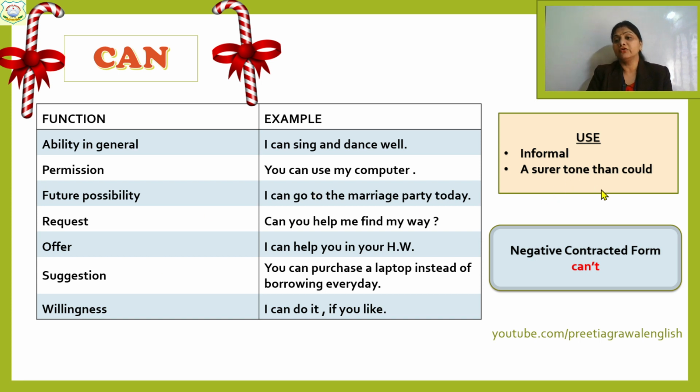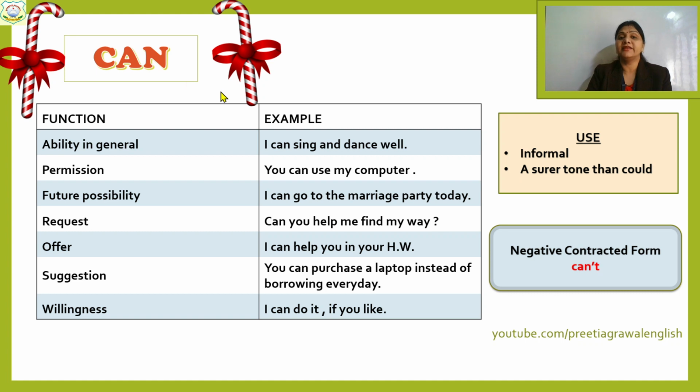Can expresses a surer tone than could, meaning it is more sure than could. Suppose you have to write the answer and choose between can and could. If there is a sentence which expresses a surer tone, then you will choose can.